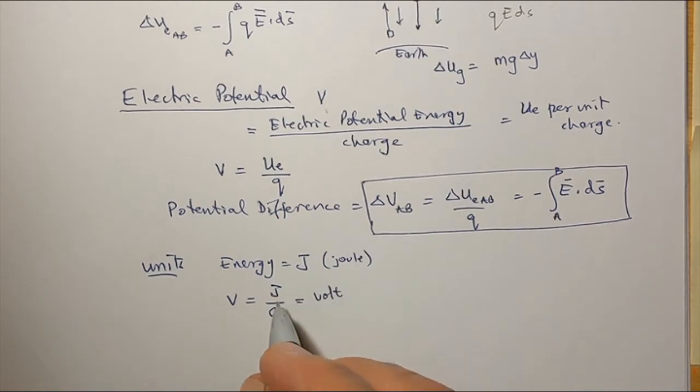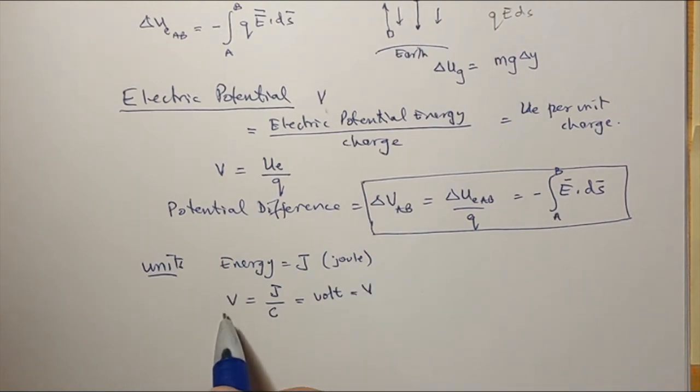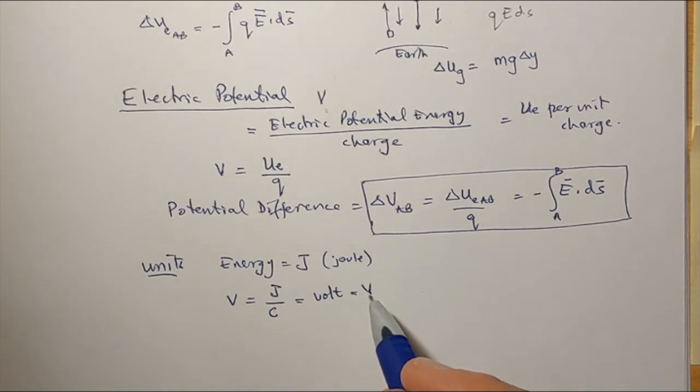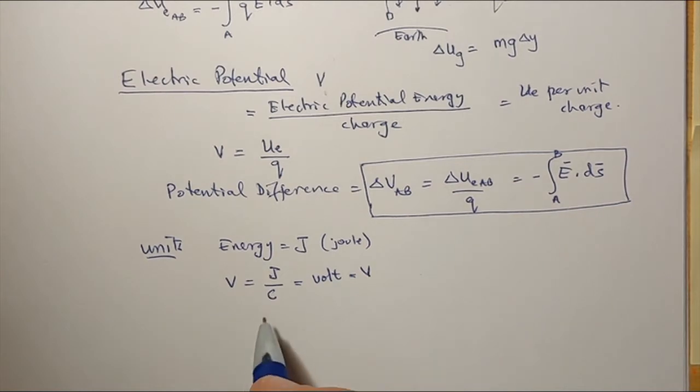So 1 volt is 1 joule per coulomb. The symbol for volt is also a V. So potential is written as a V, and the unit of potential is also a V, which is a volt. And that sometimes gets confusing, but you should remember as you look at the context whether it's the unit or it's the potential.